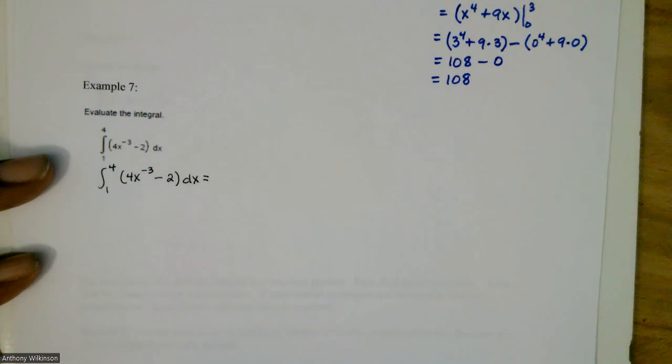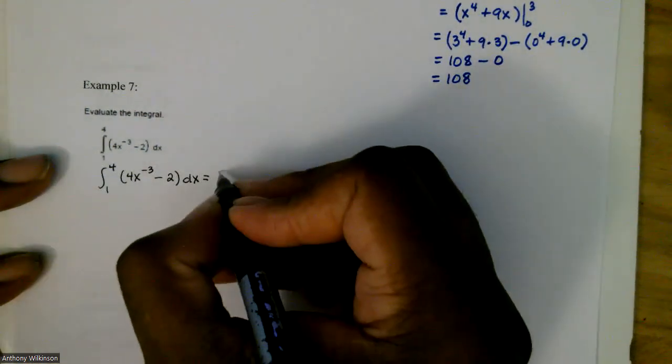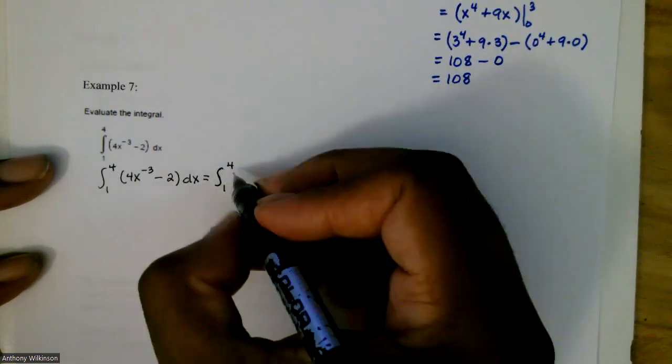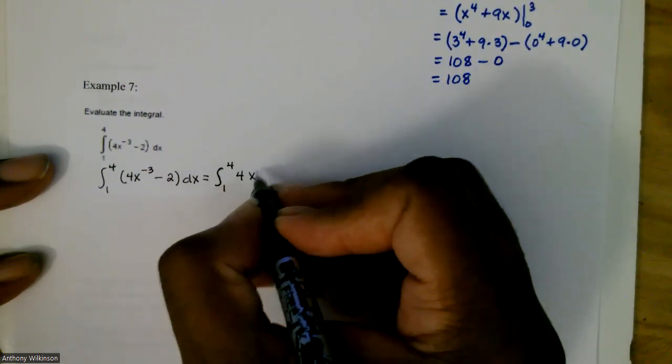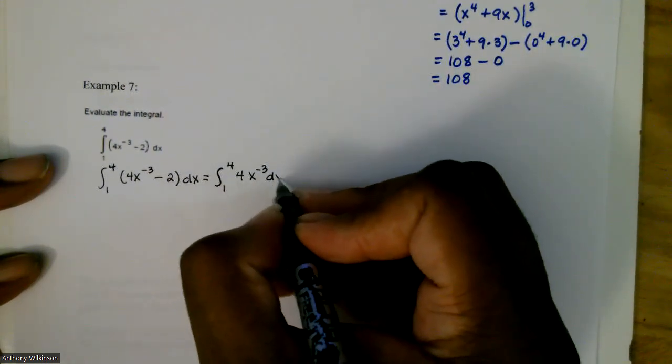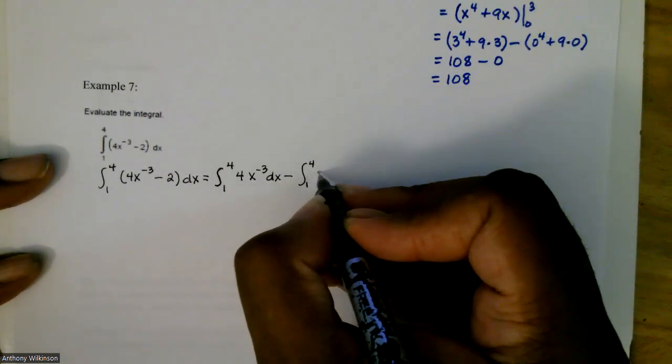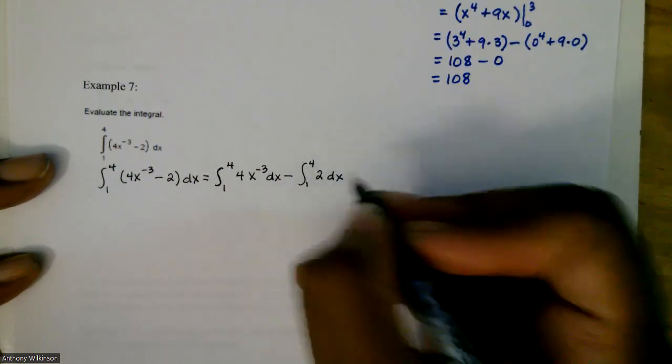So I got the integral of the difference, so I can write that as the difference of the individual integrals here. So this will be the integral from 1 to 4 of 4x to the negative third dx minus the integral from 1 to 4 of 2 dx.